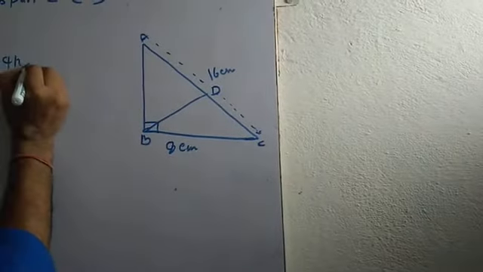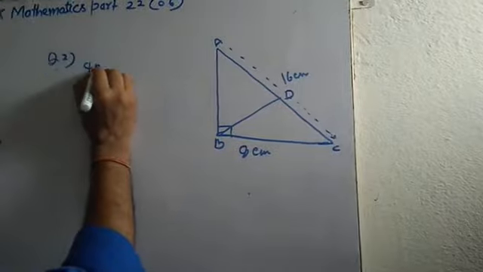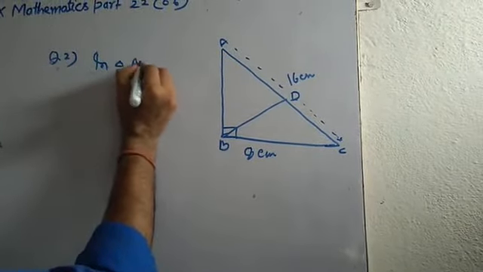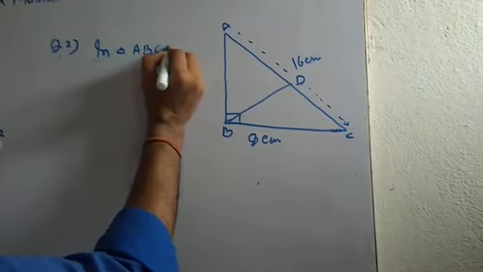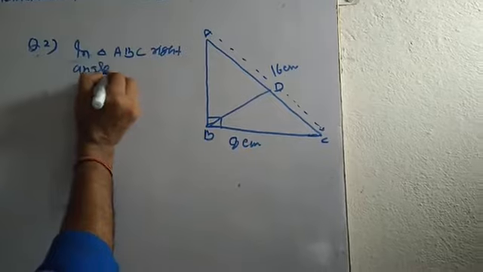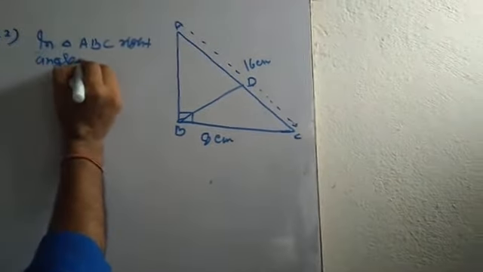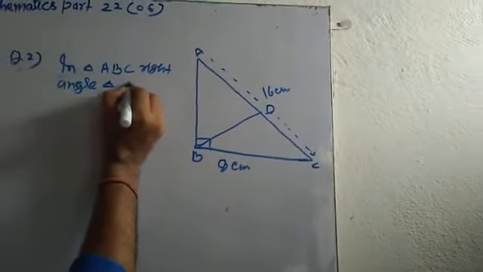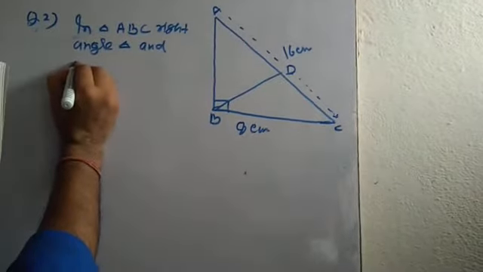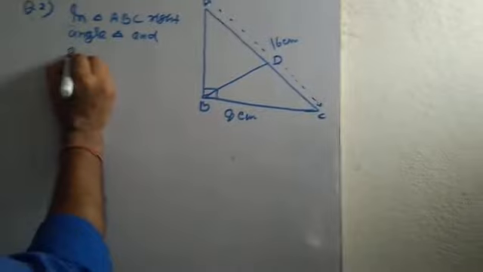In the figure, ABC is a right angle triangle, and BCD is an equilateral triangle.